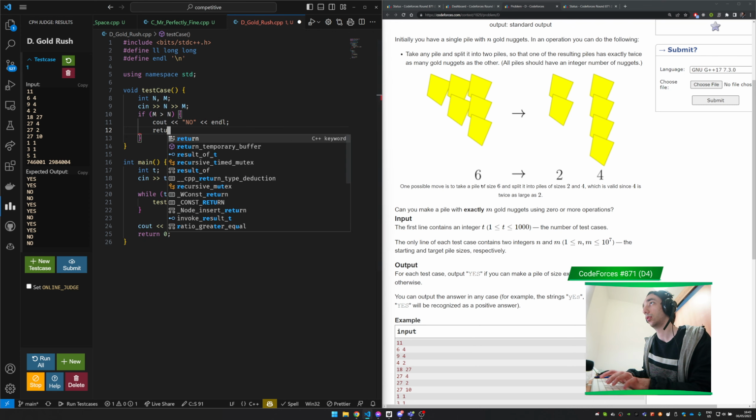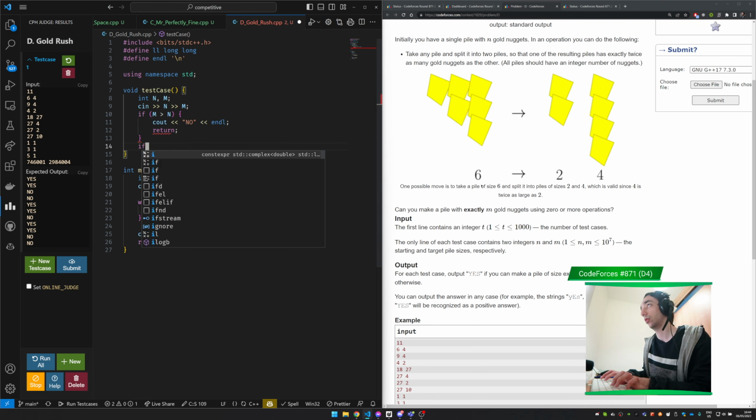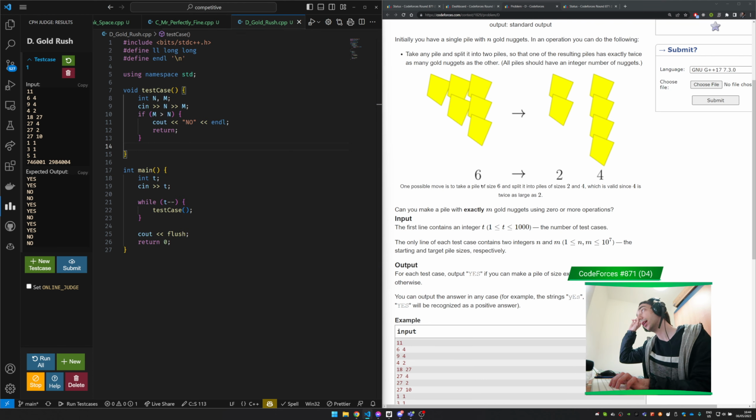Okay, now if n is divisible by 3, I can divide n, then the resulting pile.